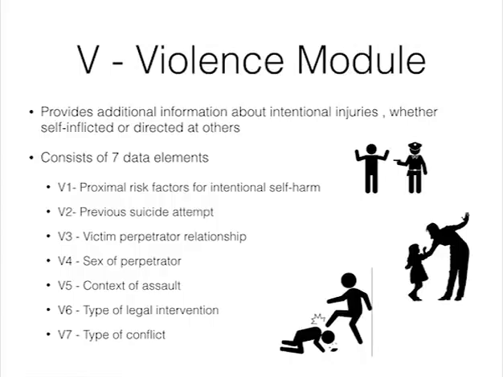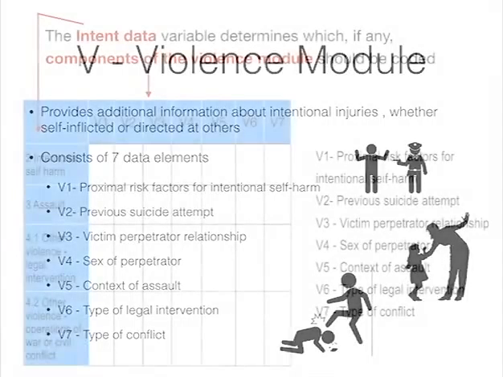This includes traffic pursuit, drug raid, and legal execution. V7 or type of conflict is defined as a type of war or civil conflict occurring when the injury happened, such as civil war, terrorism, or civil insurrection.